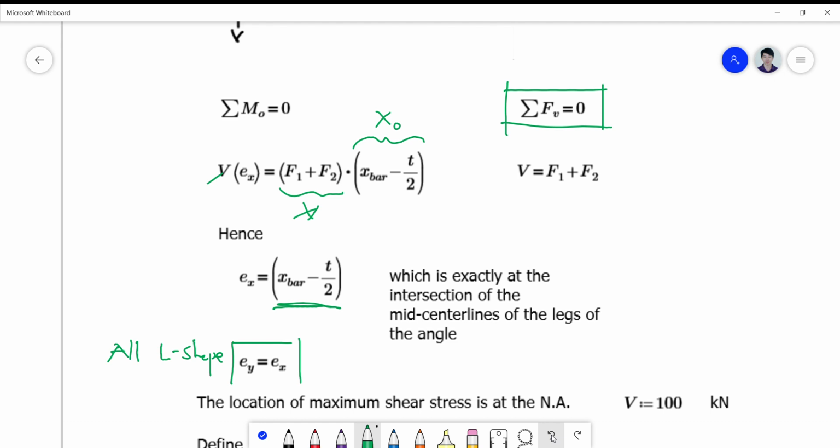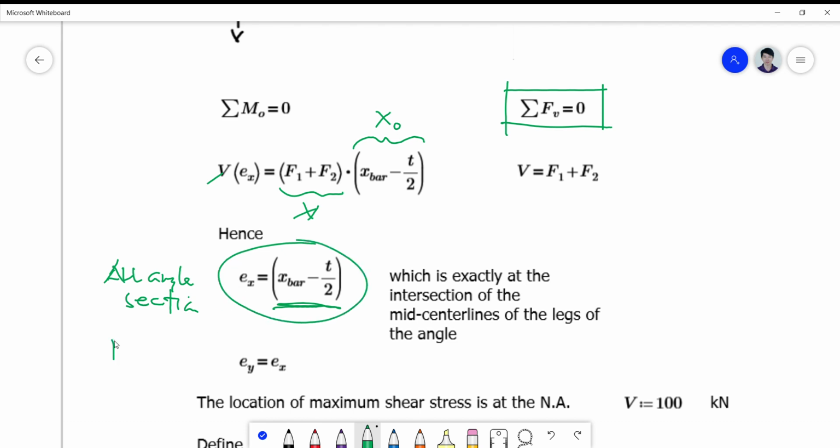It pertains to this. Okay, so all angles section, your Ex will simply get this formula, and for equal angles, your EY will simply be equivalent to Ex.